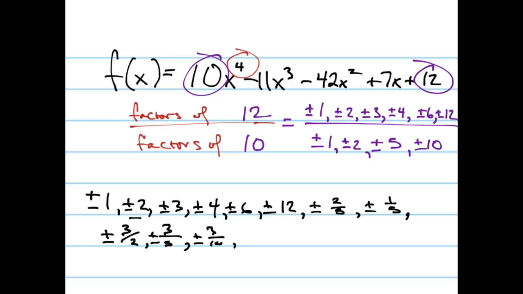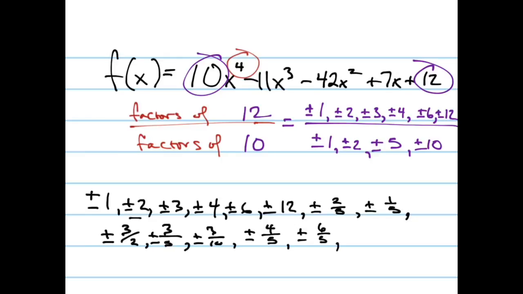Then we have 4 over 1, also already listed. 4 over 2 is listed. 4/5, and 4/10 reduces to 2/5, so that's already listed. We have 6 over 1, which is already listed. 6 over 2 is already listed. 6 over 5, and 6 over 10 is 3/5, which is already listed.